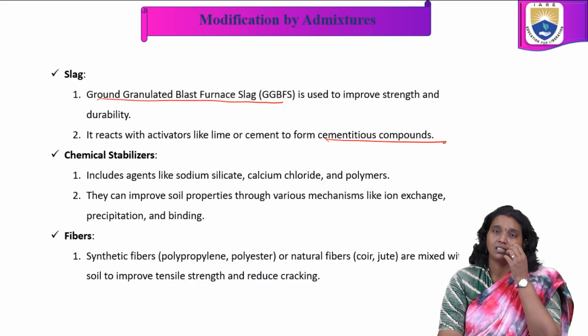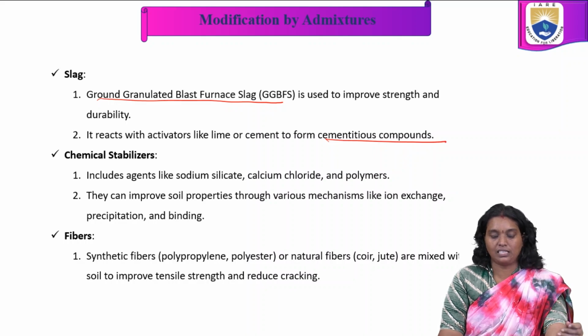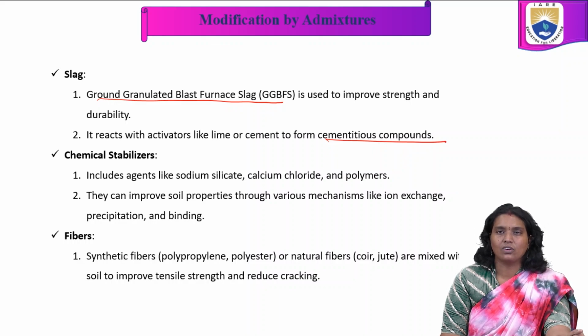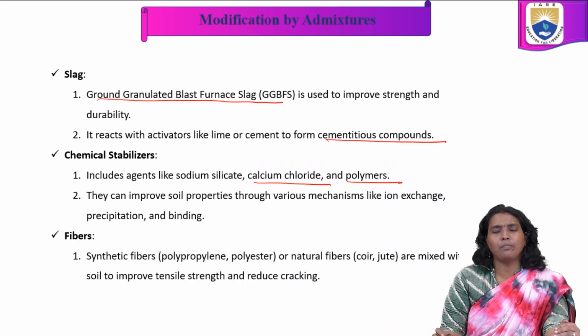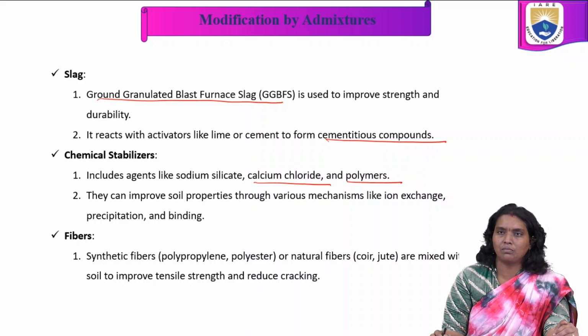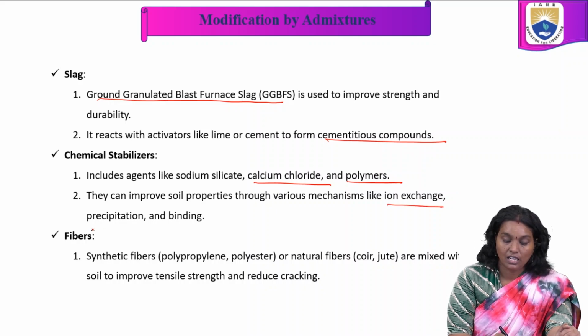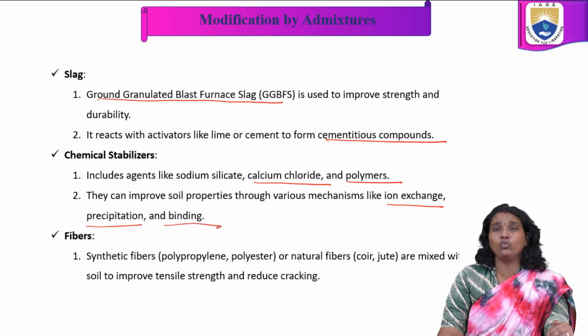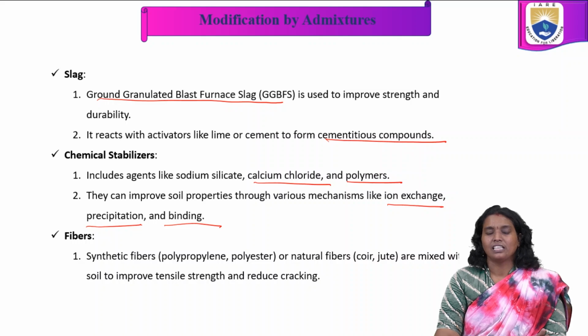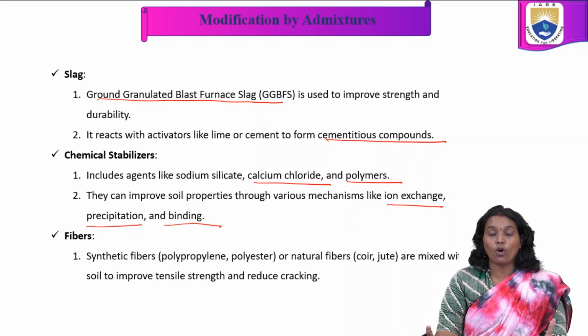Coming to the chemical stabilizers, they include agents like sodium silicate, calcium chloride, and polymers. They can improve soil properties through various mechanisms like ion exchange, precipitation, and binding. There are n different numbers of agents included.